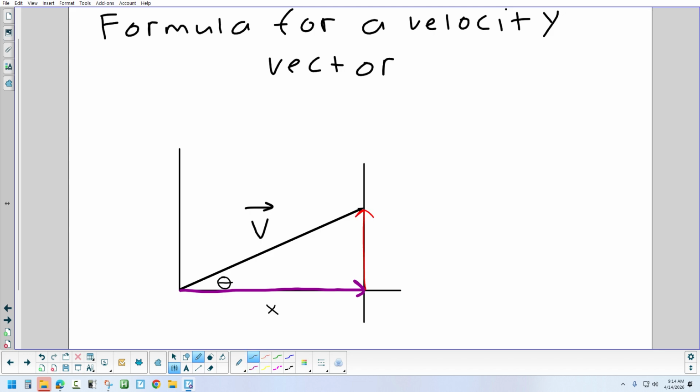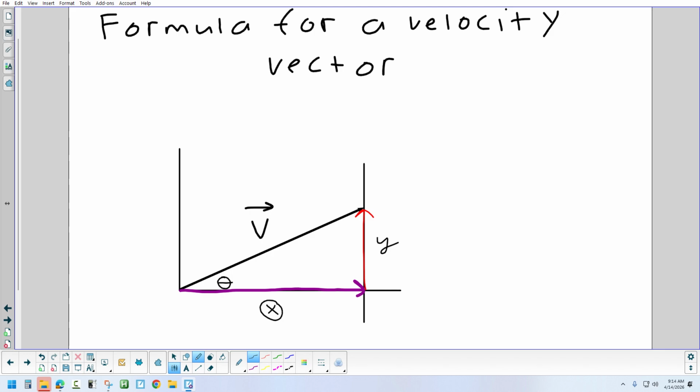Let's call the horizontal component the x. And we'll call the vertical component the y. Let's start with coming up with a formula for the horizontal component. You're going to know theta, and you're going to know the magnitude of v, because the magnitude is going to be the length of that arrow, and that's going to represent the speed of the object.